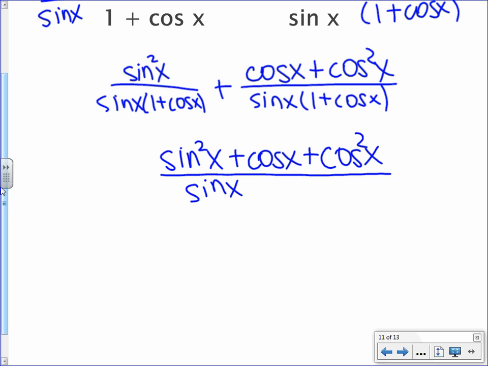And what do you notice? Anything in the numerator that you notice? Sine squared plus cosine squared is 1.